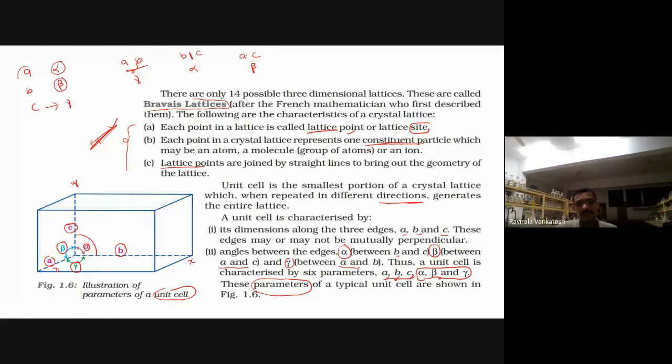That means the angle between A and C is beta, the angle between B and C is alpha, and the angle between A and B is gamma. In this way also we can easily remember.